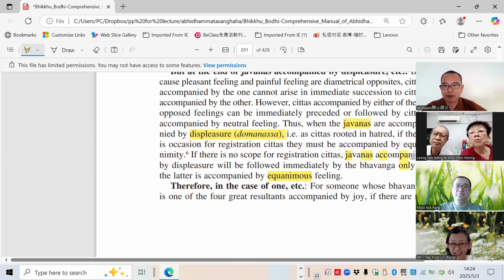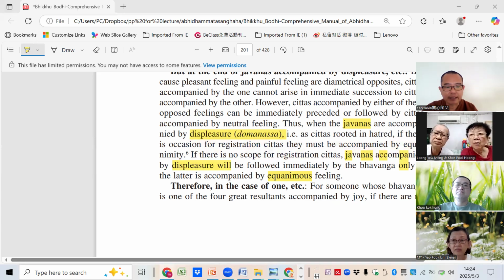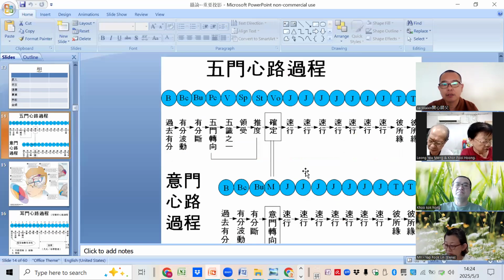Here is a domanassa, displeasure, but the bhavanga is the joy one. 我畫唔得晒，求其畫下。By the displeasure, class, what does that mean? You see, this is a connected process. Here is the javana. Here is the registration, registration means the tatramana.